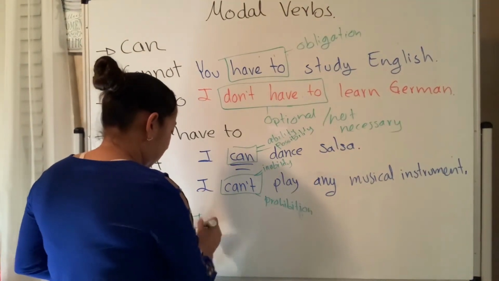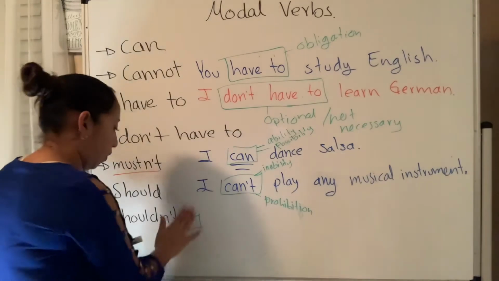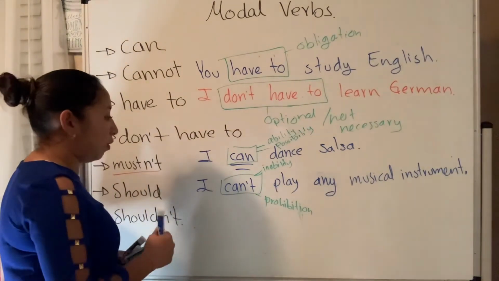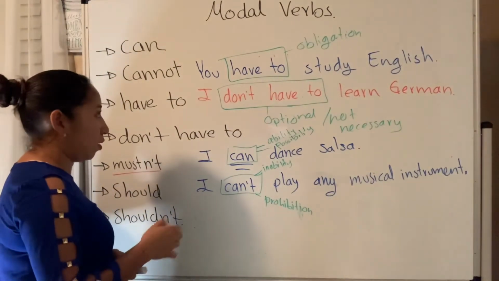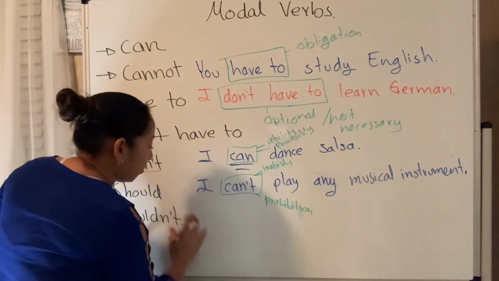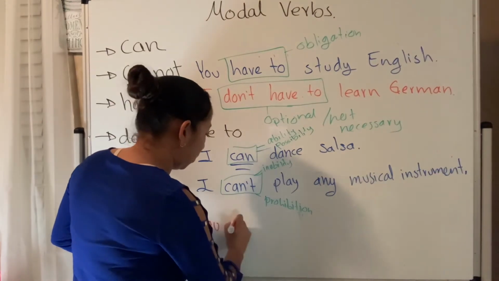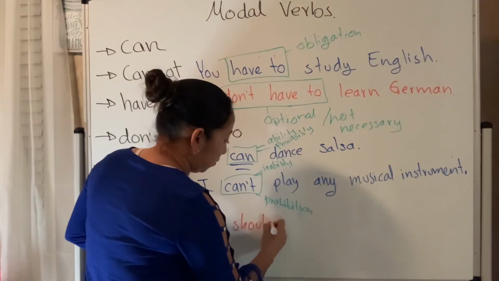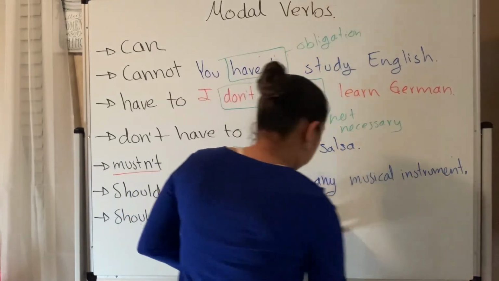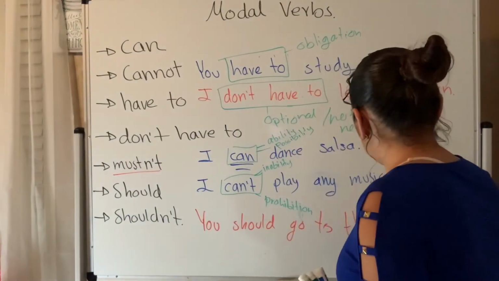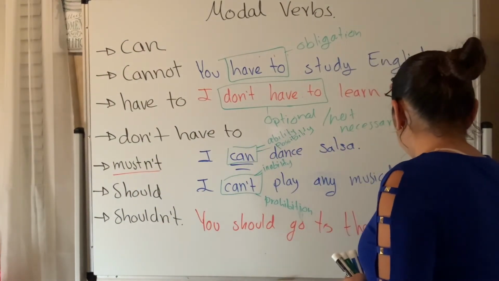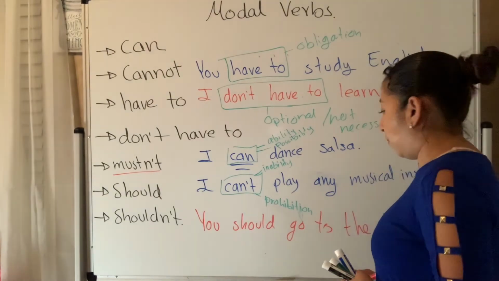I'm gonna write with another color. For example, if I say, if you are sick, you should go to the doctor. You should go to the doctor. This is an advice.